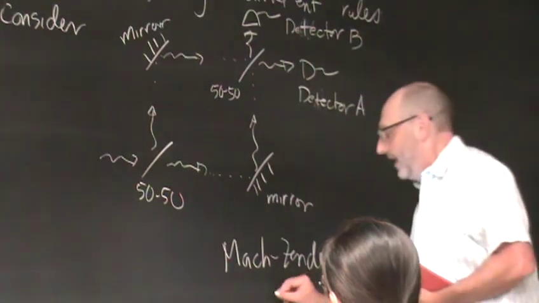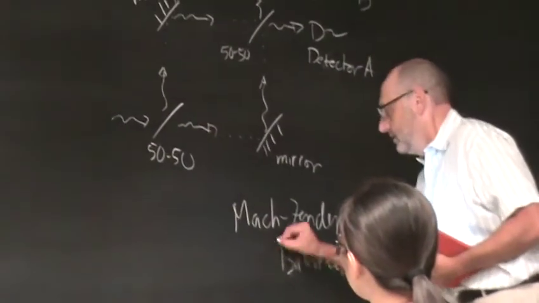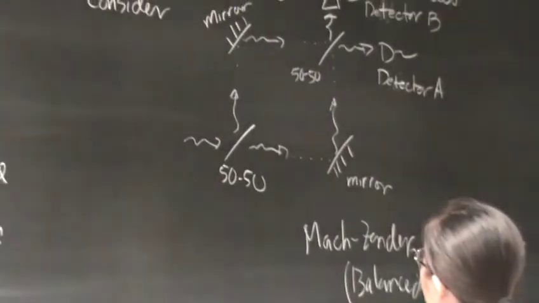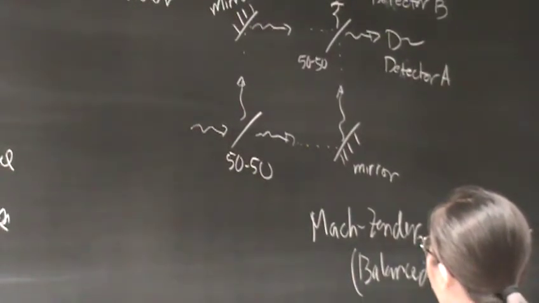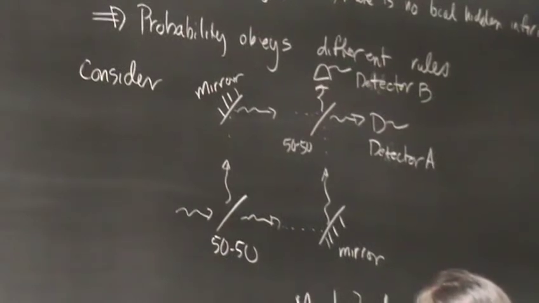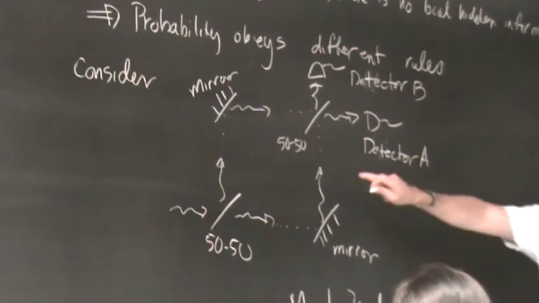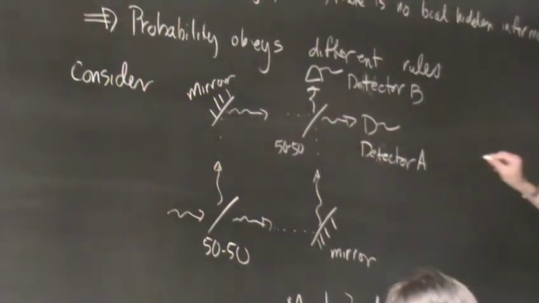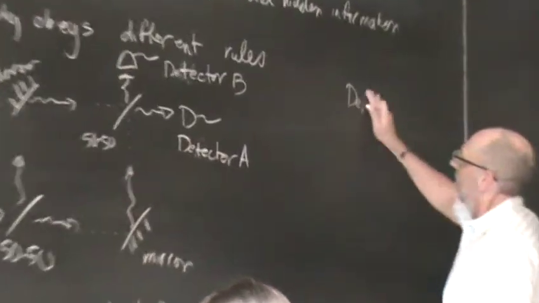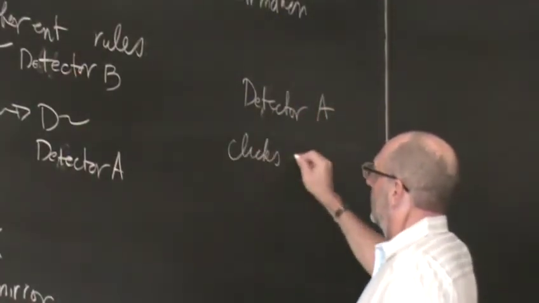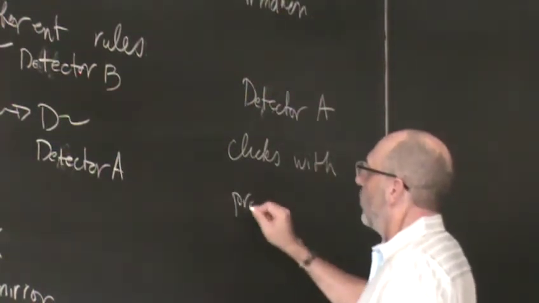And let's imagine that it's balanced. That is to say, these two path lengths are equal. What's going to happen in that case? Well, it turns out that if we balance these two arms of the interferometer, detector A clicks with probability 1.